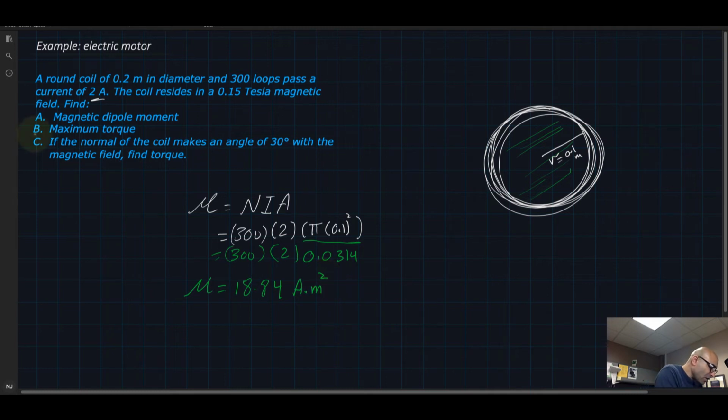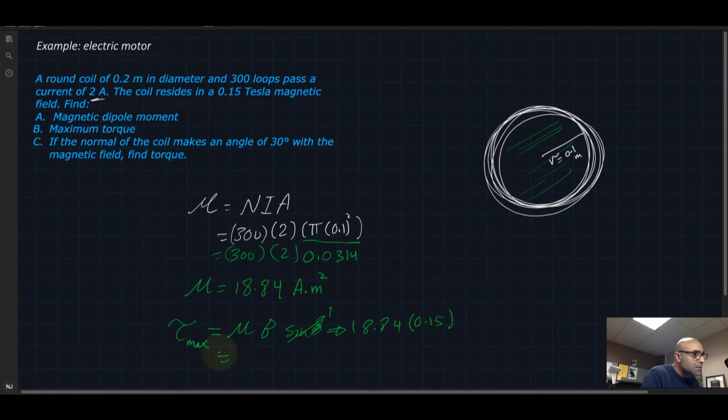Now let's find part B, maximum torque. Maximum torque is when you calculate it with the sine equal to 1. So that will be mu times B times sine phi, and that should be 1. Then you can say that this would be equal to 18.84 times the magnetic field of 0.15 Tesla.